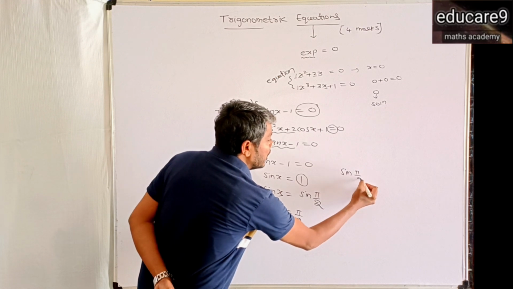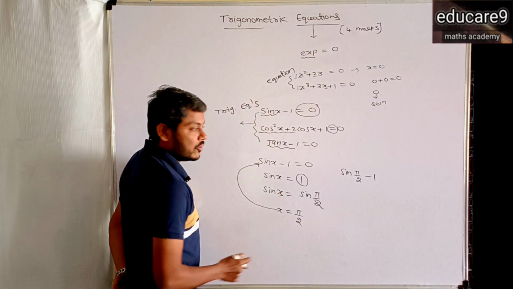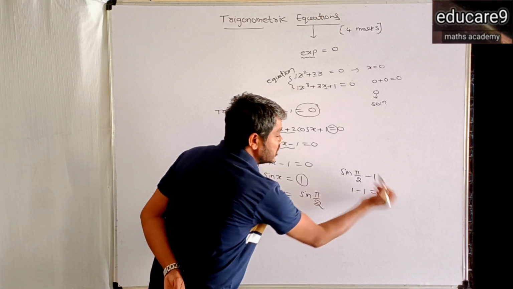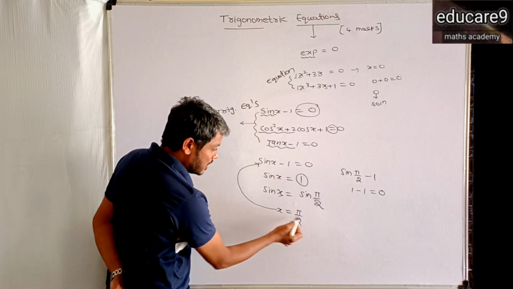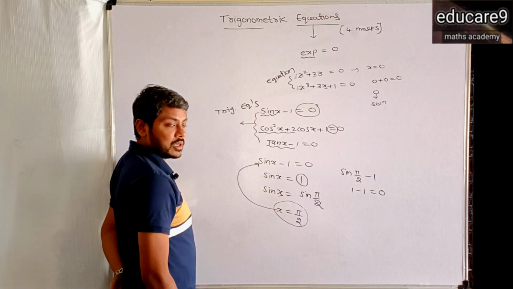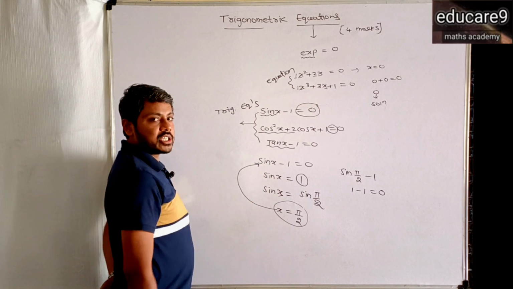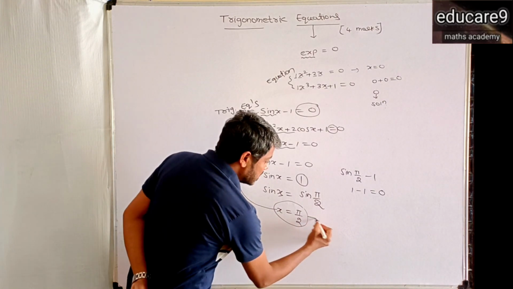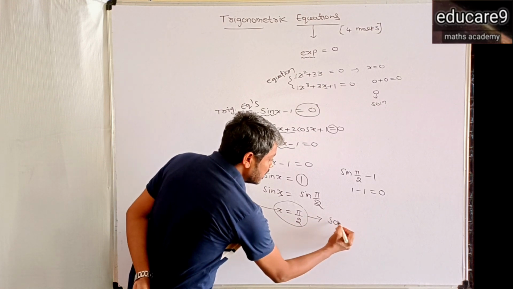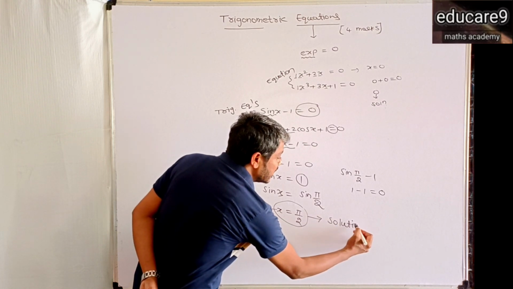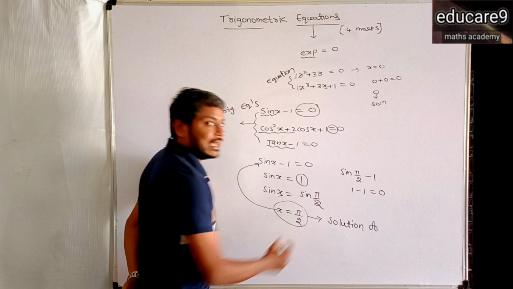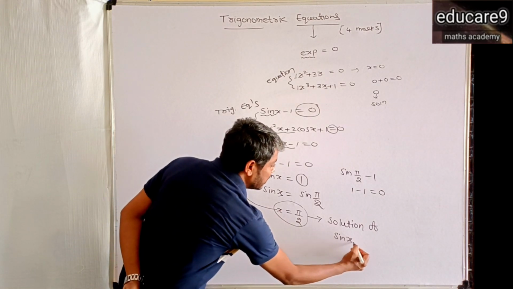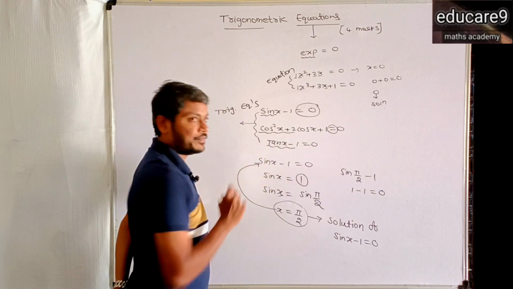Sin pi by 2 minus 1. We know that sin 90 has value 1, so 1 minus 1 becomes 0. So the number x equal to pi by 2 satisfies the given equation sin x minus 1 equals 0. Therefore x equal to pi by 2 is called a solution of the given trigonometric equation.